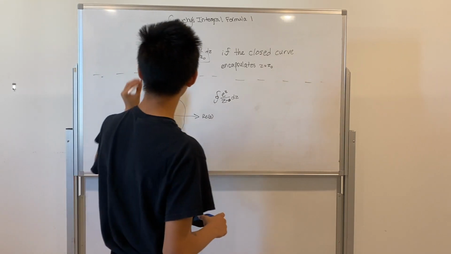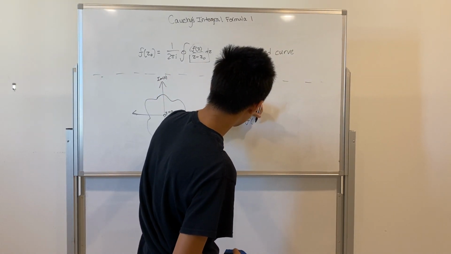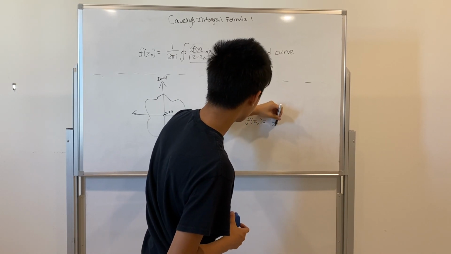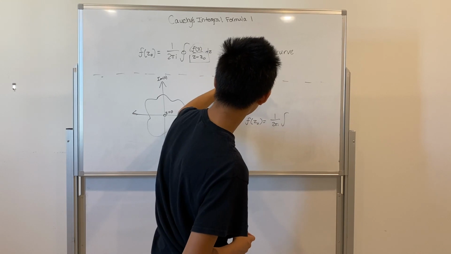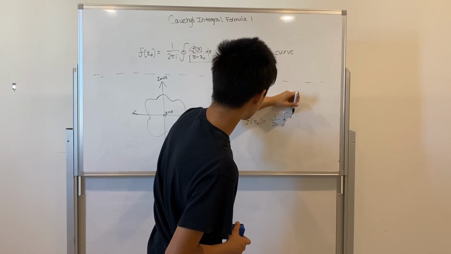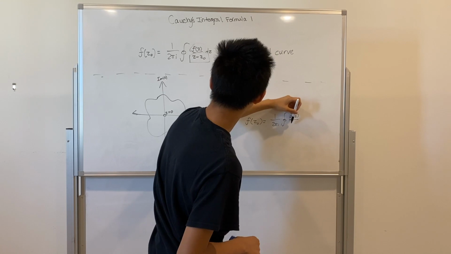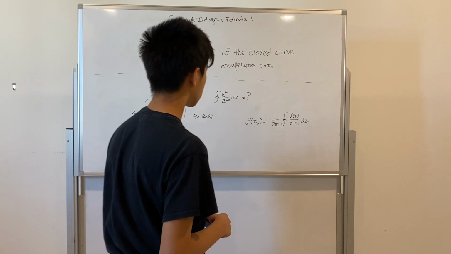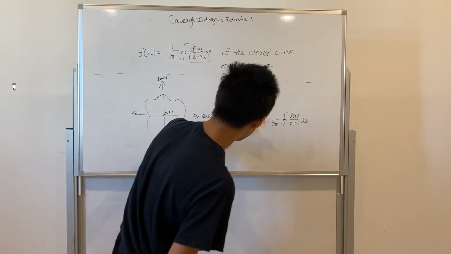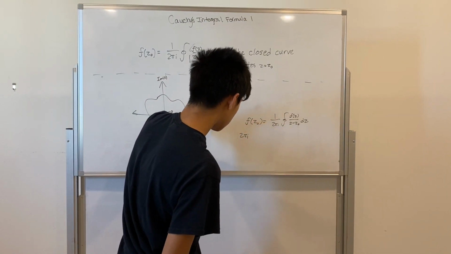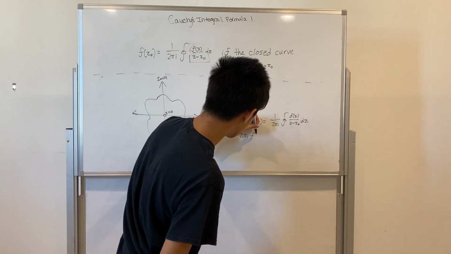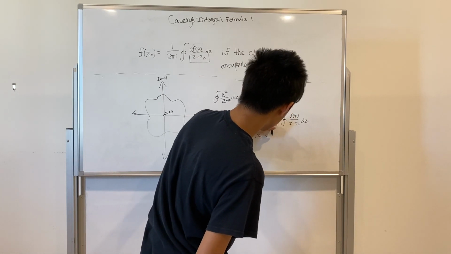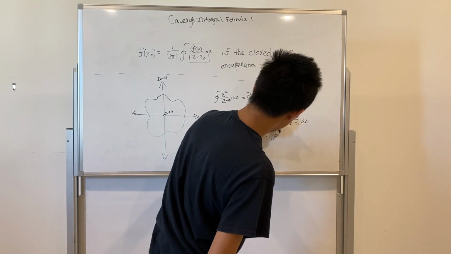So f of z naught equals 1 over 2 pi i, closed line integral of f of z over z minus z naught dz. We can use some algebra here to get 2 pi i times f of z naught equals our line integral, which I'll just write here.